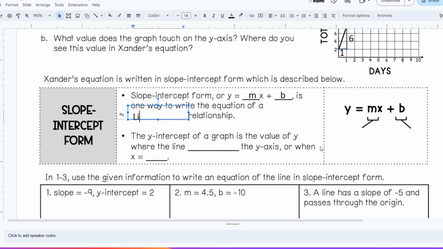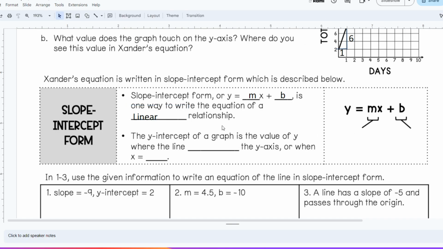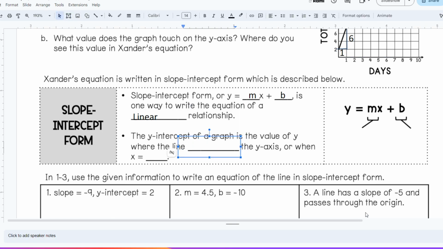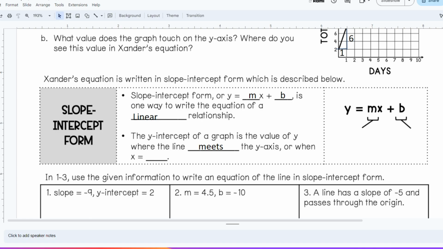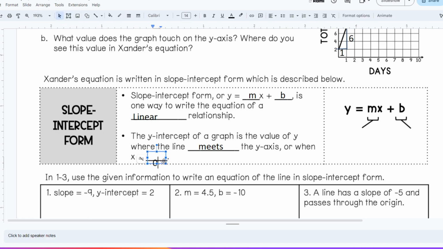So, linear relationship. The y-intercept of the graph is the value of y where the line meets the y-axis. You could also say intersects if you're so inclined. Or you could also say when x equals 0.